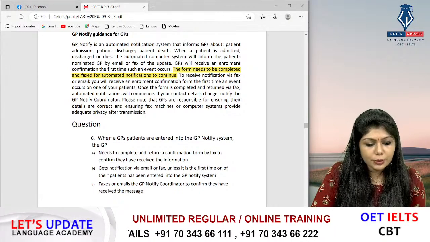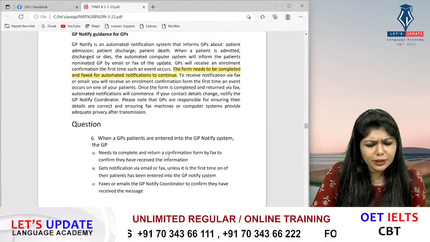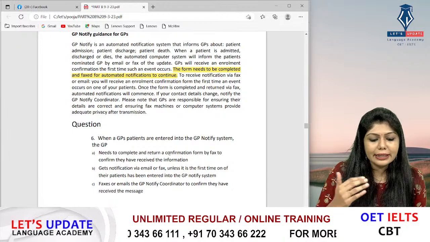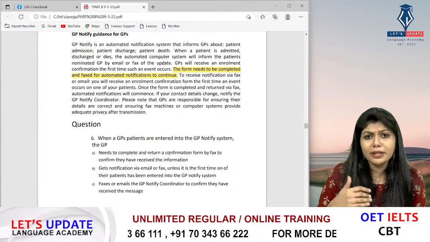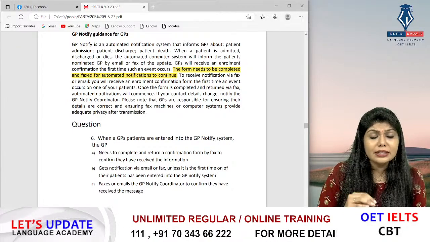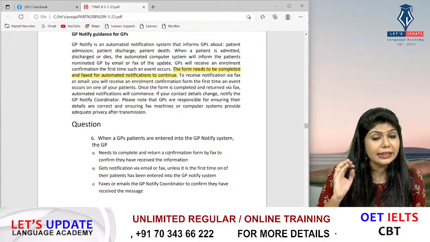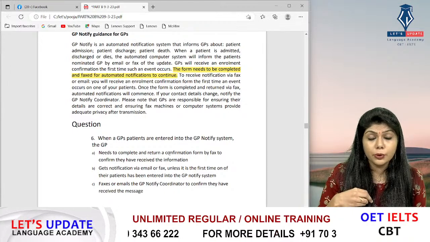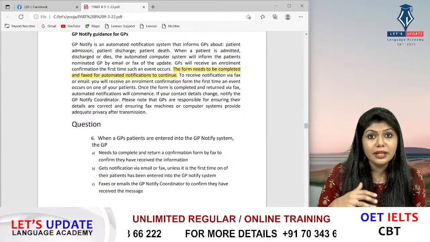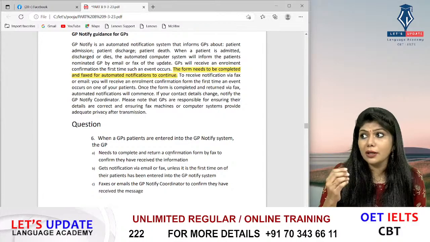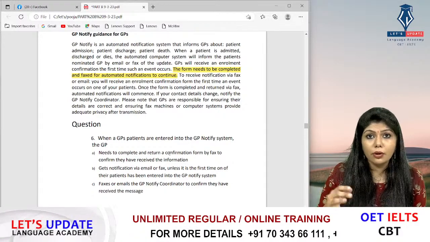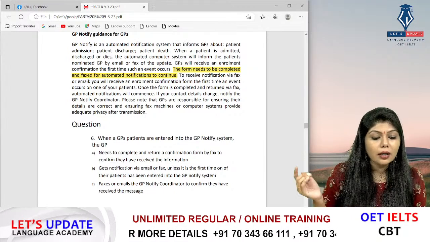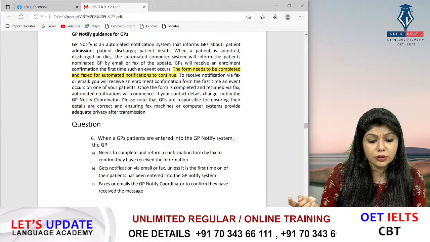Coming to option C: faxes or emails the GP notify coordinator to confirm they have received the message. No. They definitely can inform the GP notify coordinator, but for what purpose? If there is a contact detail change, because they have to make sure that the emails or the faxes come through to them. So if their contact information, such as the email, phone number or fax information, changes, then they have to notify the GP notify coordinator.